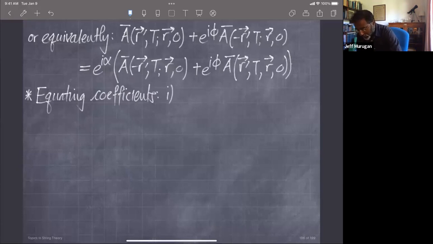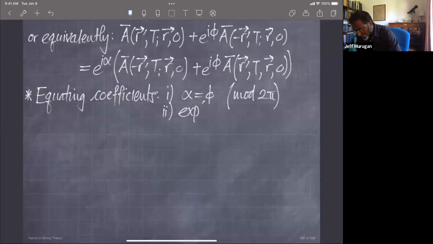One is that alpha and phi must be the same up to a factor of 2 pi, modulo 2 pi. And two, that e to the 2 phi I must be 1. Well, the second of these two equations has two physically equivalent solutions. Either phi equals 0 or phi equals pi.